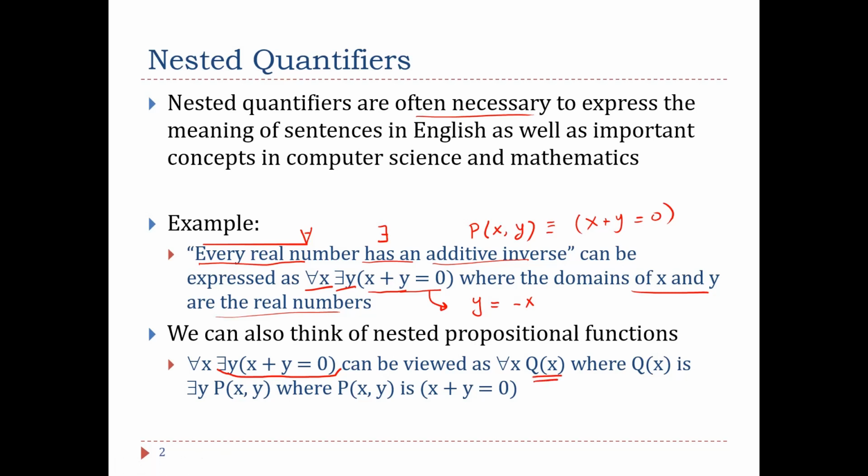We could put parentheses on the second chunk of the expression to say that for every x, there is a property q that is true for x. And that property q means that there must be a y such that p of x and y is true. And here, p of x and y is x plus y is equal to 0.